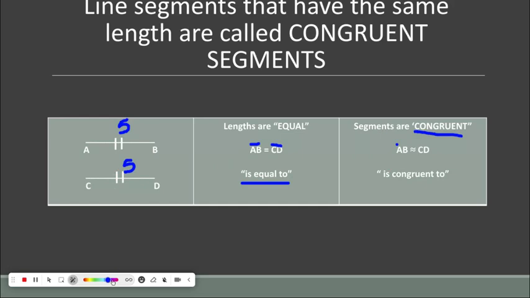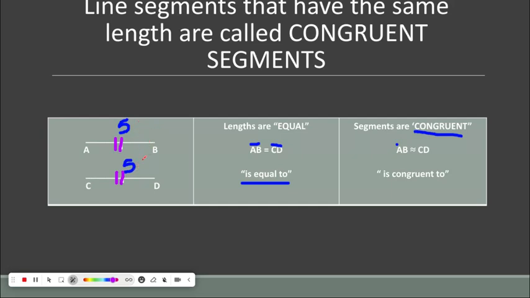Also, a hint and note, this is not going anywhere: segments that are marked congruent use these little tick marks. When you put them on the segments, they show you that something is congruent, meaning that they have the same length.